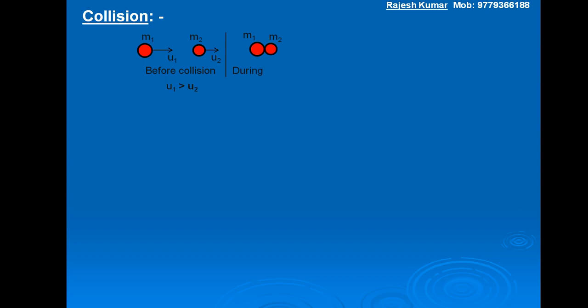This is a state during collision, and after collision, suppose mass m1 is moving with velocity v1 and mass m2 is moving with velocity v2 after collision, and v2 is greater than v1, that is, after collision the mass m2 moves faster than mass m1.